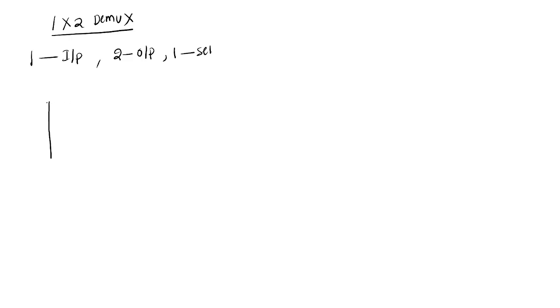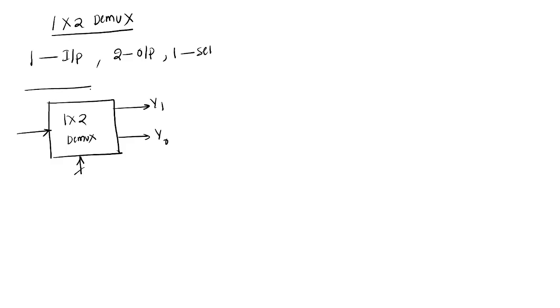The block diagram will look like this: one input and two outputs, let us take y1 and y naught, and one selection line. One more enable pin is also there. The enable pin acts like a switch. When enable equals 0, whatever the input and the selection line, the output will be 0.